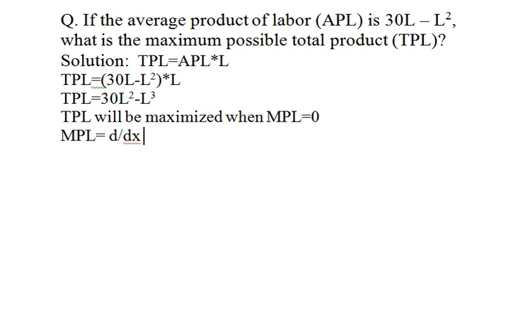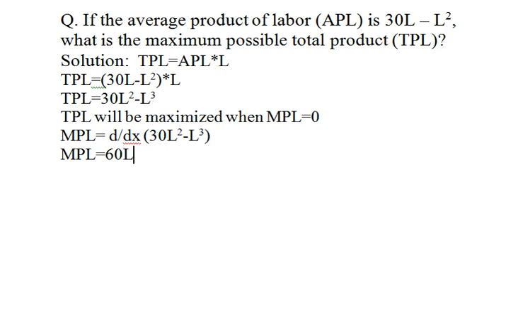As the rule of differentiation says, the power goes for the multiplication, so it will become 60L, and 1 will get subtracted from the power, that is 2 minus 1. Then the derivative of L cube: here the coefficient is 1, so 3 into 1 will be 3L, and 1 will get subtracted from the power, that is 3 minus 1.